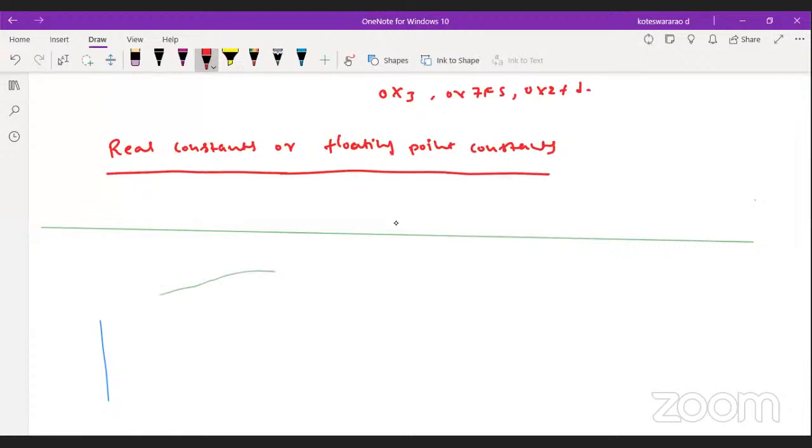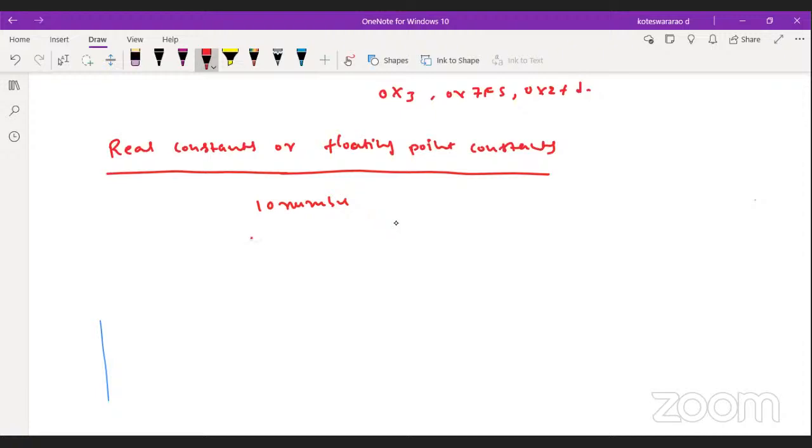A floating point constant is a base 10 number that contains either a decimal point or an exponent.